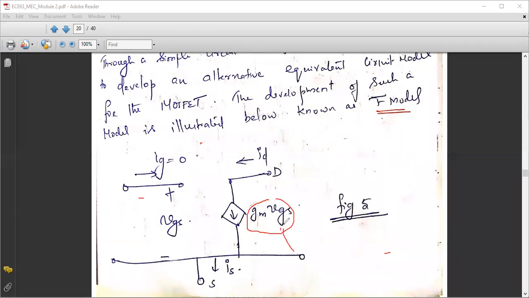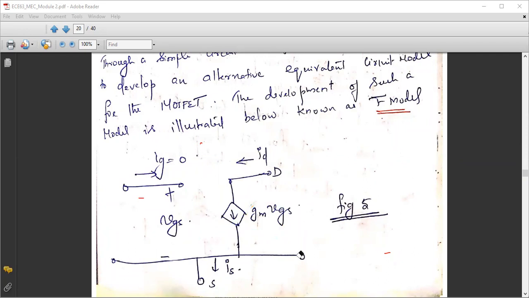The output drain current depends upon your input vgs. That is why it is represented in a diamond box, showing that it is a dependent current source. Because of the MOSFET's properties, the gate current will be 0. The input current will be 0 because of high input impedance.